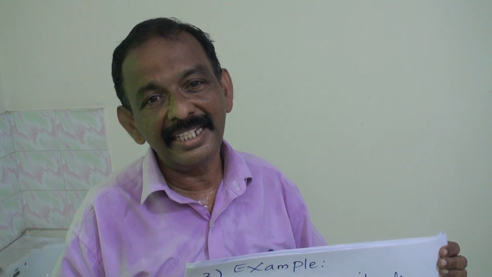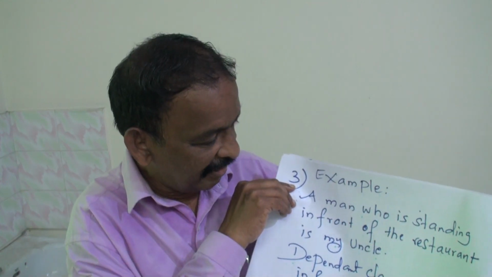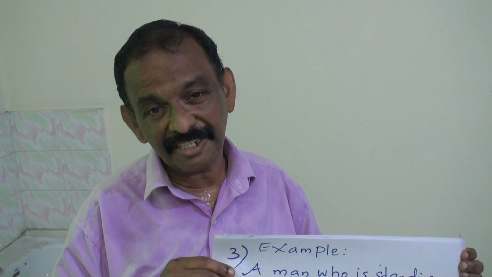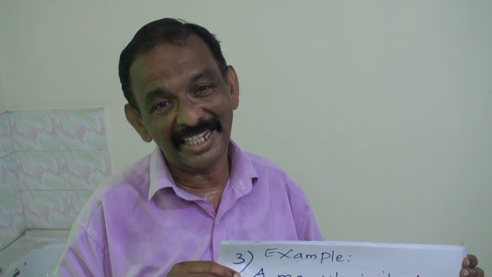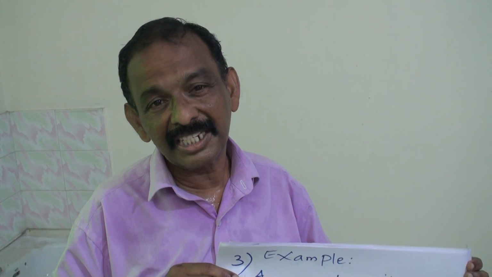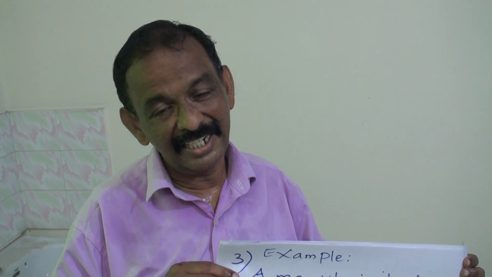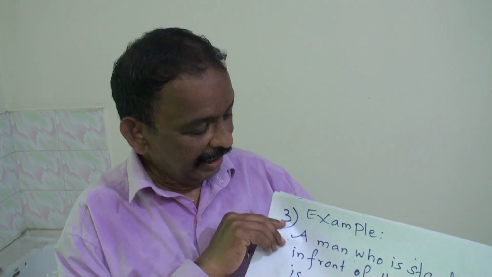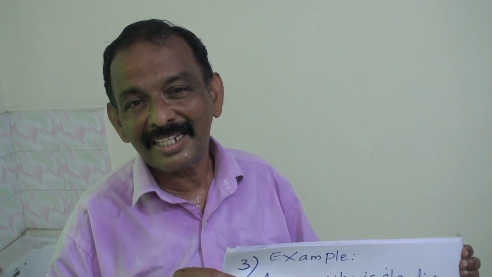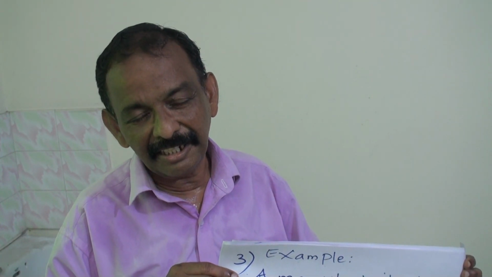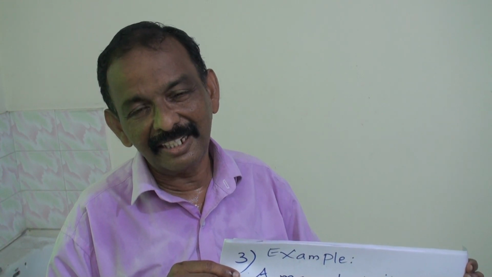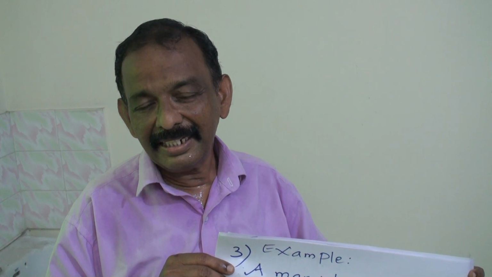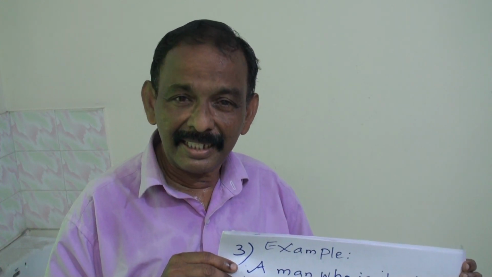The restaurant is definitely already existing. When we introduce a restaurant, it is the restaurant definitely. So here a man is the antecedent, and the relative clause is who is standing in front of the restaurant.